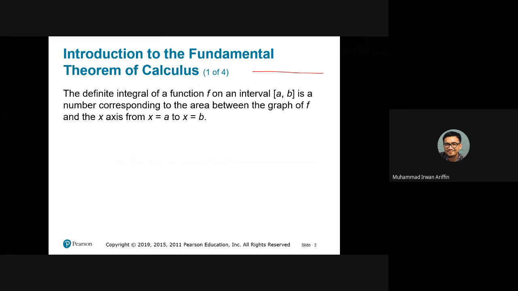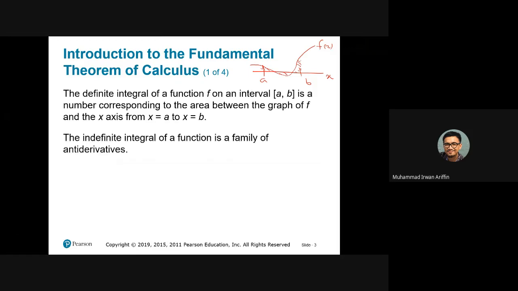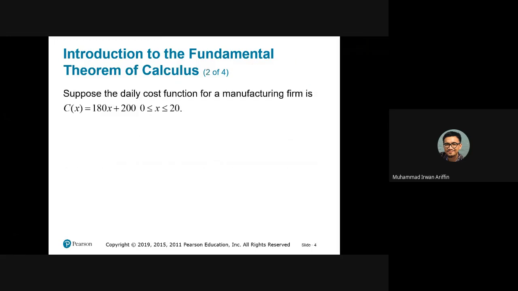If this is our a and b, and this is our x, and this is our f of x, the definite integral corresponds to this area between the function and the x-axis. While the indefinite integral gives us a family of antiderivatives. We're going to see the relationship between these two integrals.